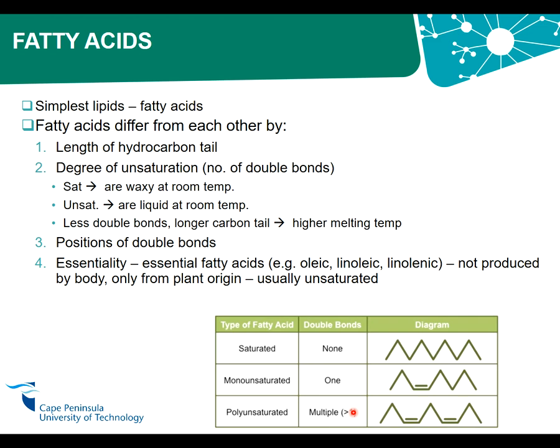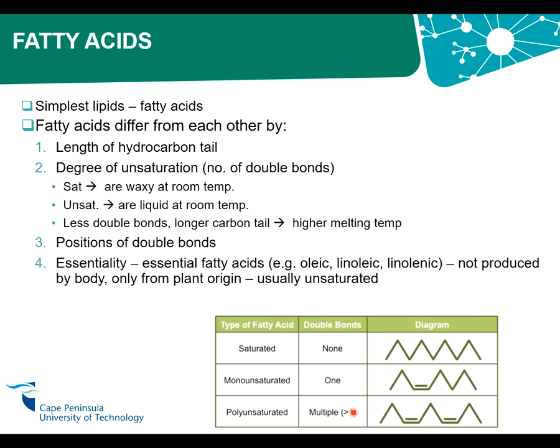In this case we've got saturated fatty acids, monounsaturated and polyunsaturated. It's very important that you make this distinction. This is what you must understand, and it's very crucial for you as a food scientist to know these differences.